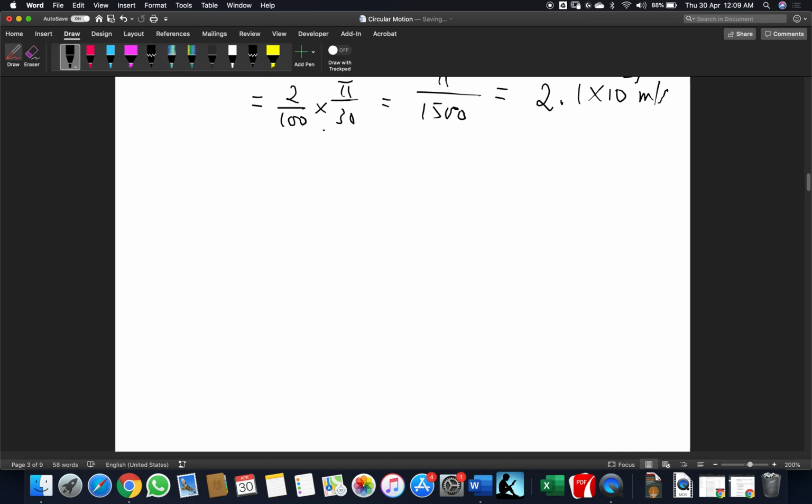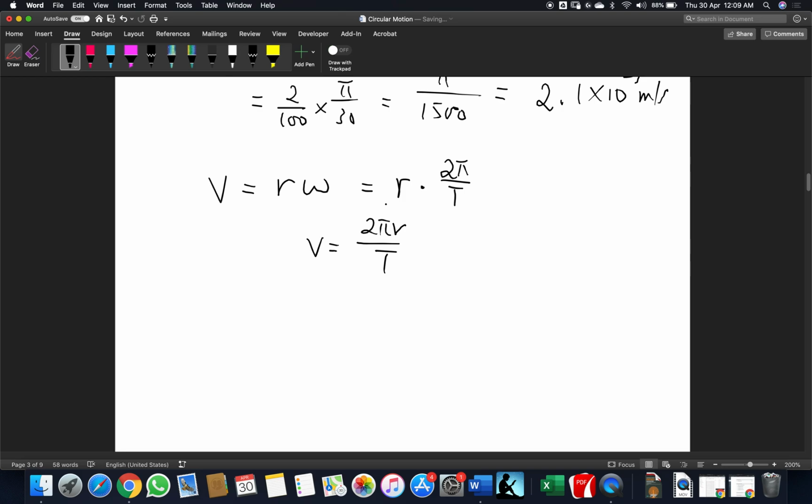We learned there's another formula for omega last time, so we can reformulate this. The angular speed omega can be written as 2 pi over the period, so the speed can also be written as 2 pi r over the period.